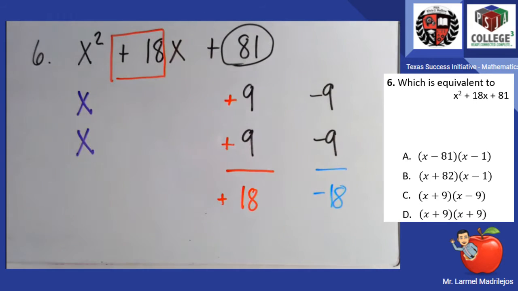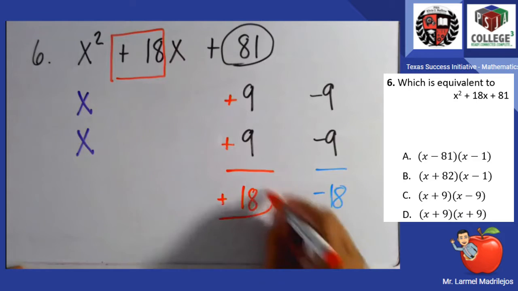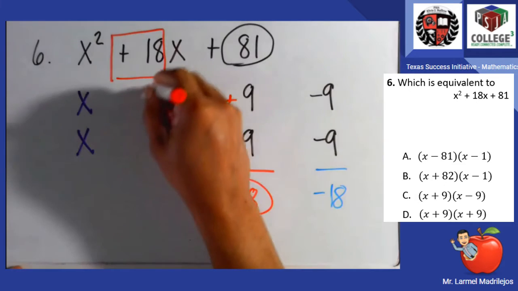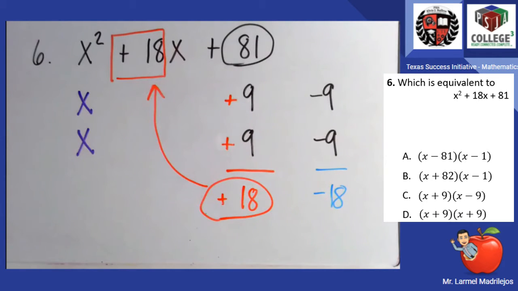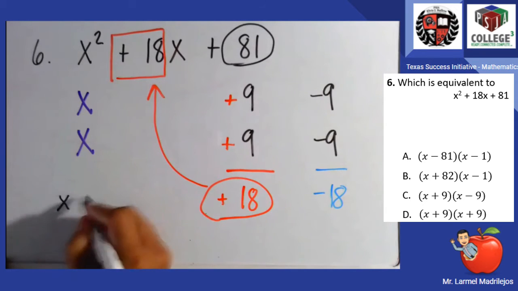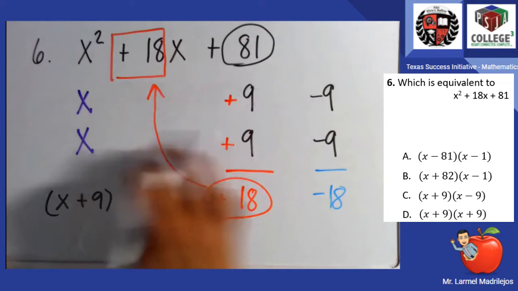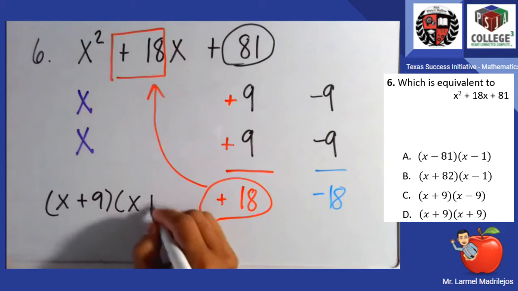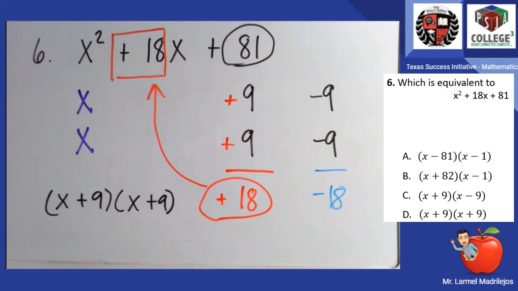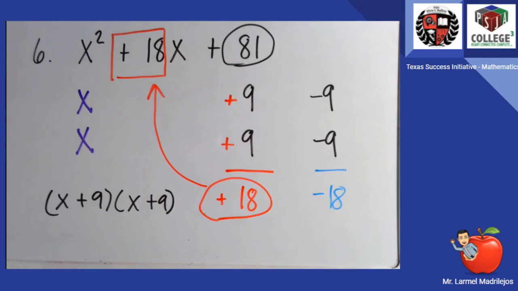So this number here matches our middle term. So the answer is going to be x plus 9, the first one, and x plus 9. Okay, so the answer is letter D.